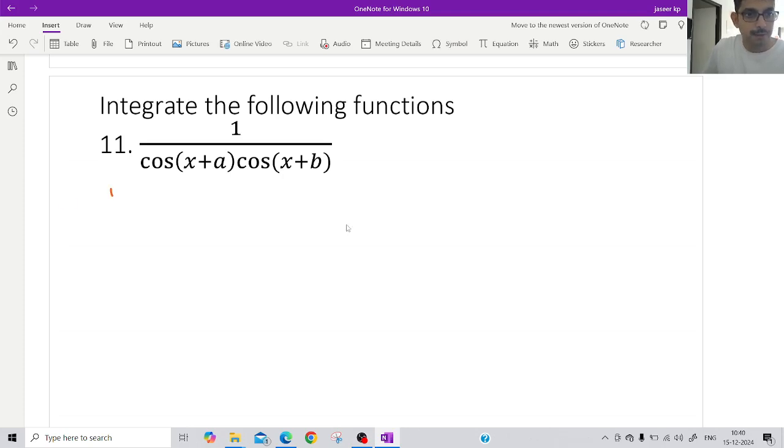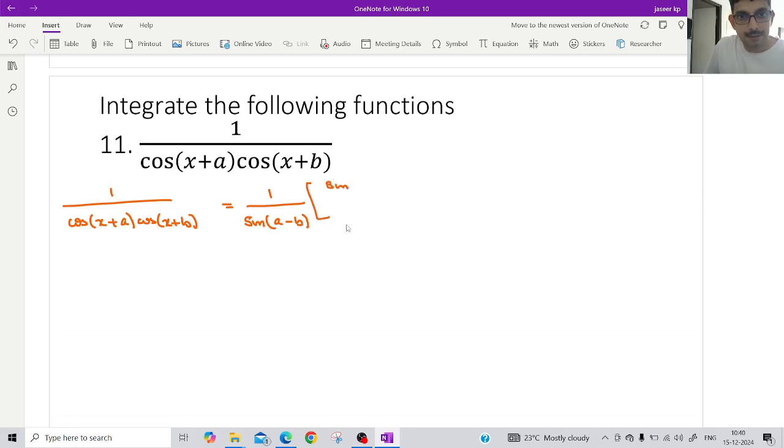So 1 by cos(x plus a) into cos(x plus b) can be written as 1 by sin(a minus b), and sin(a minus b) is written as sin of (x plus a) minus (x plus b), divided by cos(x plus a) cos(x plus b).